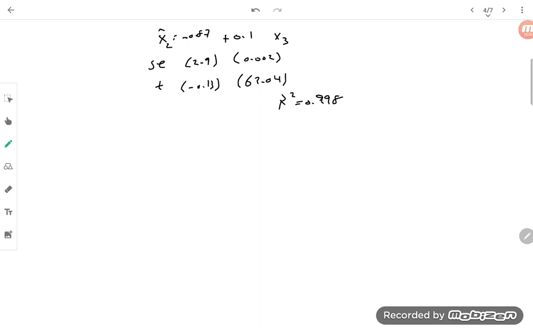As you can witness, the r squared in case of running regression for x2 on x3 is 99.8%.